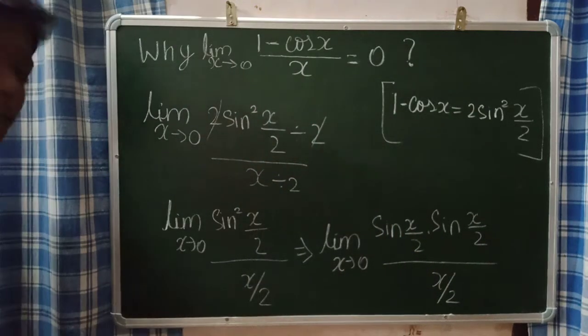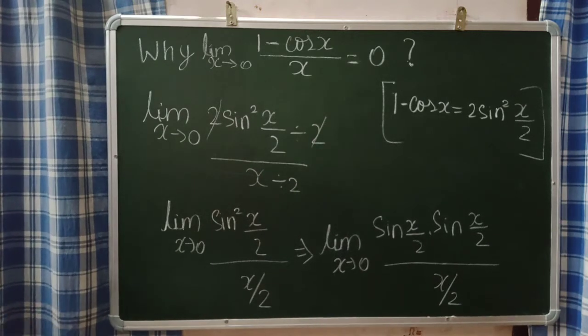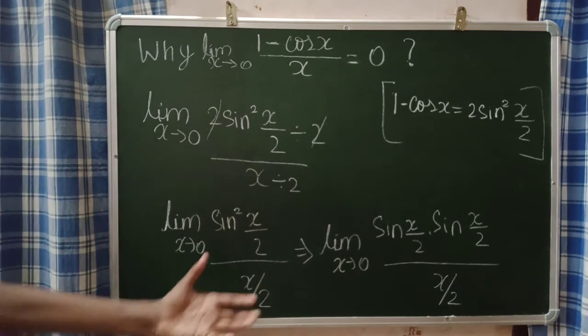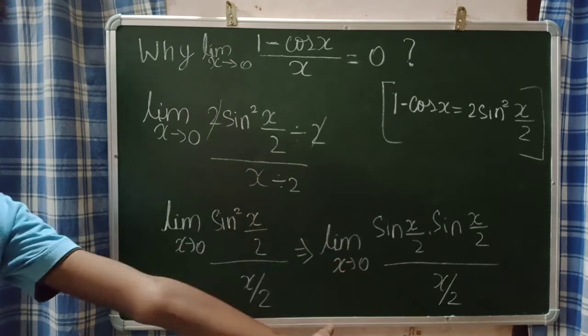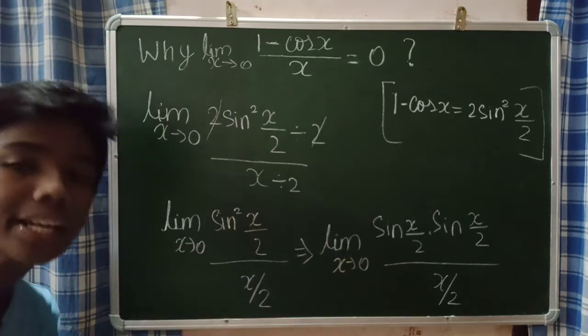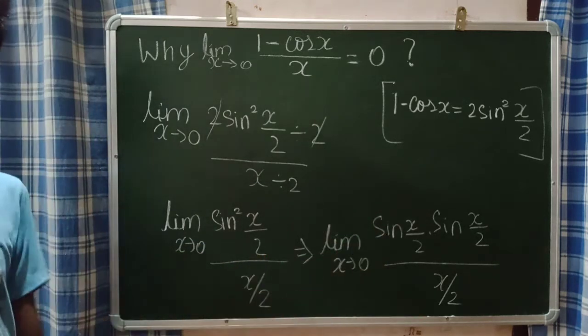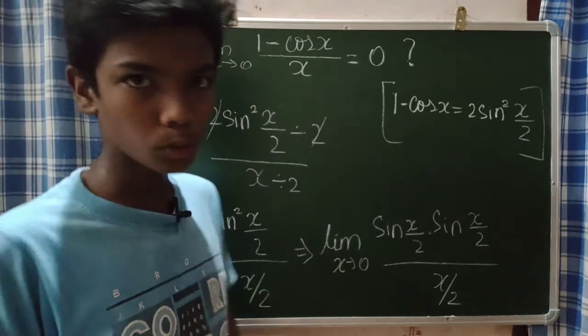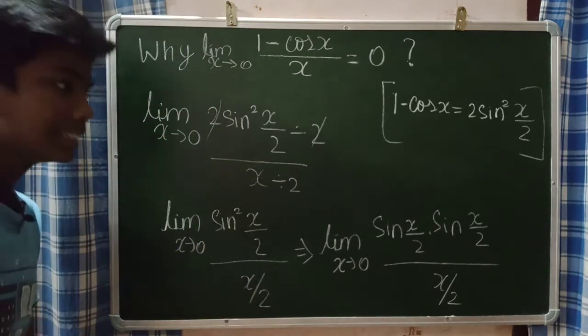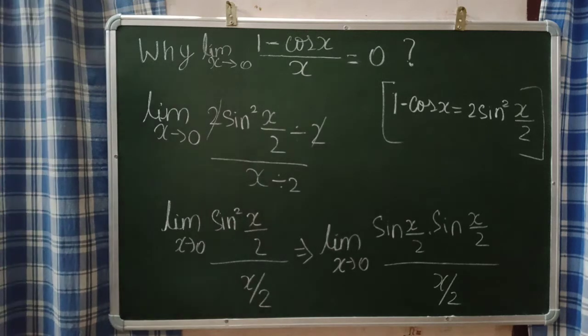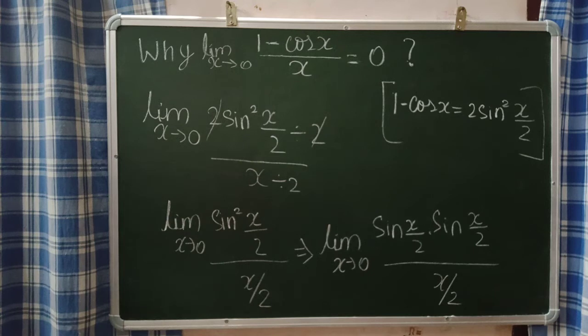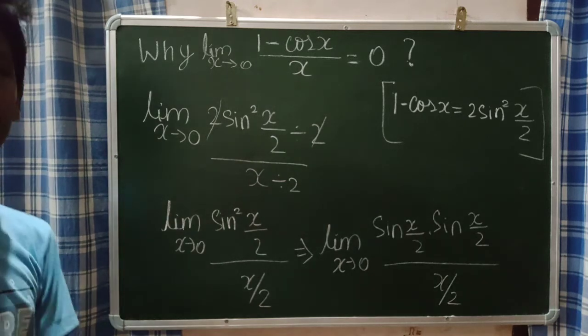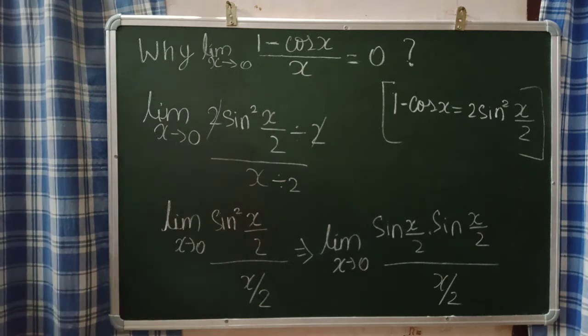It's a kind of obvious thing, guys: sine square x by 2 is equal to sine x by 2 into sine x by 2, as sine square theta is nothing but sine theta into sine theta. I don't need to explain such simple things.